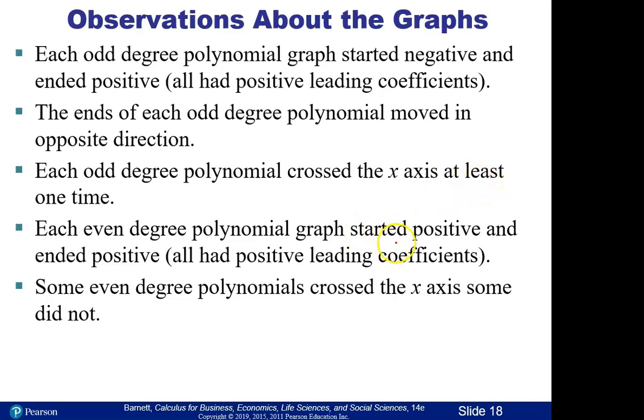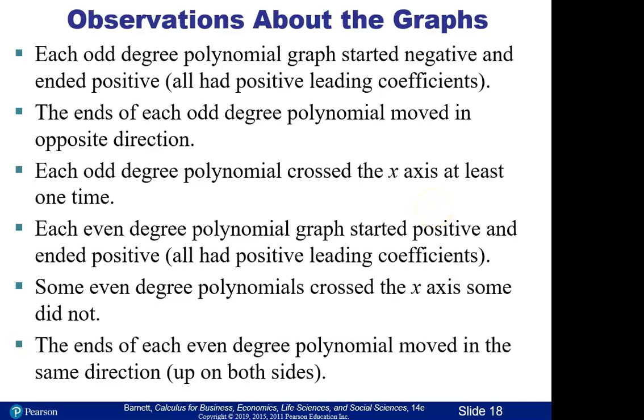Each even degree polynomial started positive and ended positive because all the ones that we looked at actually had positive leading coefficients. And then some of the even degree polynomials crossed the x-axis and some others did not. And the ends of each even degree polynomial moved in the same direction. So the even degree polynomials go and come from the same direction.